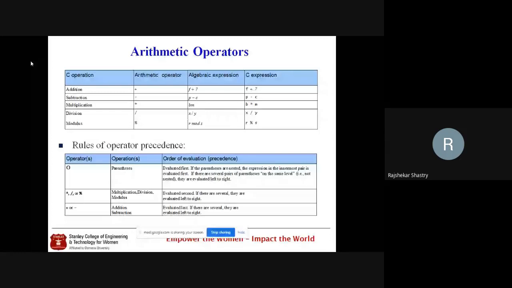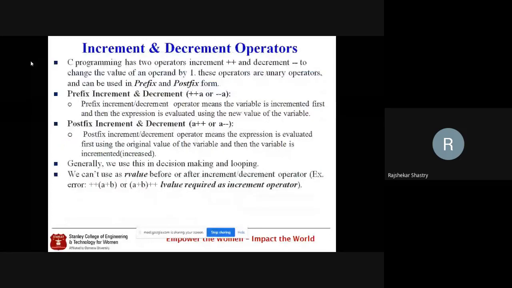Then comes the important one. In interviews also they stress on this particular set of operators called increment and decrement operators. The increment and decrement operators are unary operators first of all, and they come under the category of arithmetic operators, but we discuss them separately. Being unary operators, they can be used in two different modes.